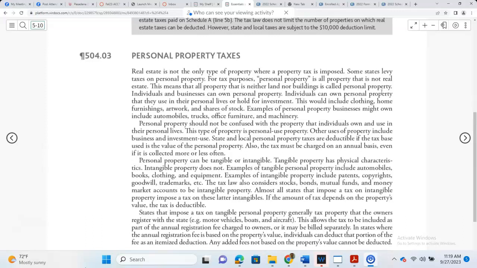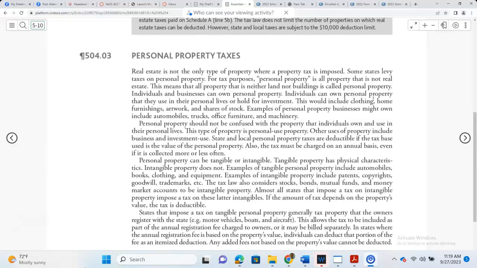Individuals can own personal property they use in their personal lives or hold for investment. This would include clothing, home furnishings, artwork, and shares of stock.